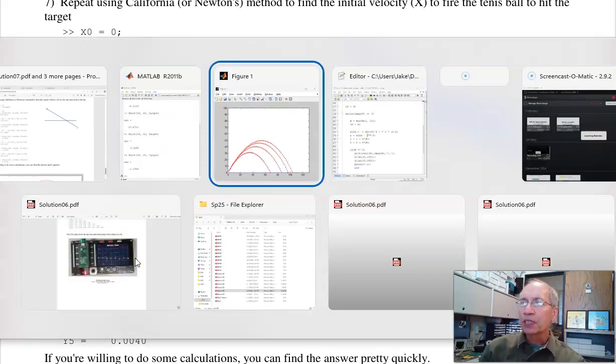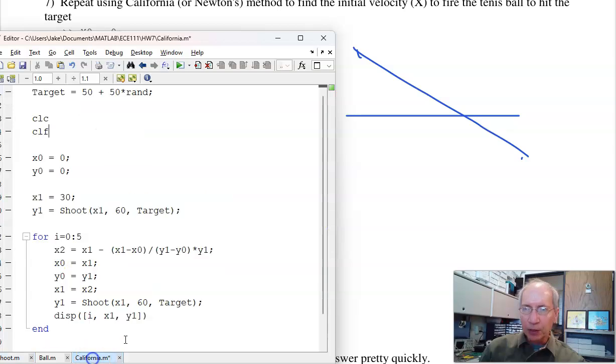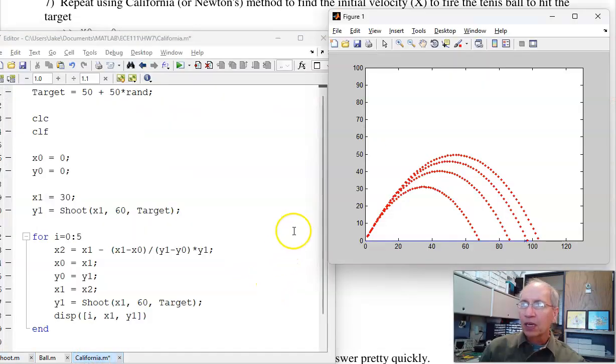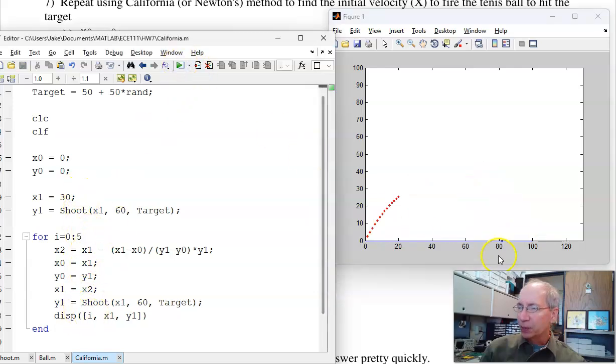I can also put this in a loop. So this would be a California method. I am going to take my first guess. 0 gives you 0. First guess is 30. I'll then iterate, given those 2, what should the next guess be? So if I try that, here's my target at 82. This is the guess at 30. I missed.